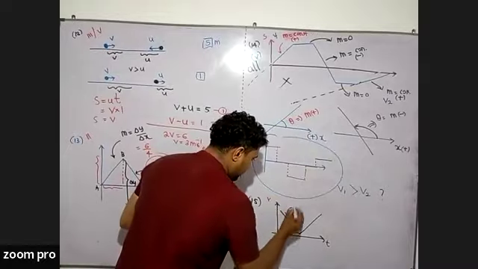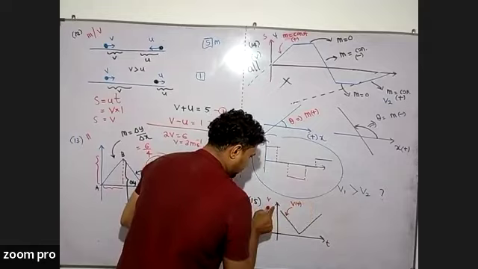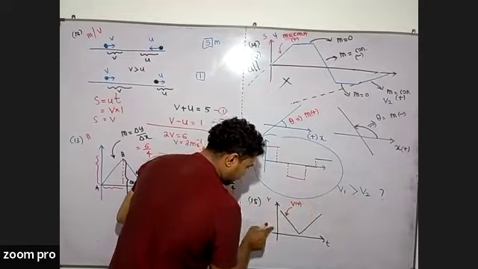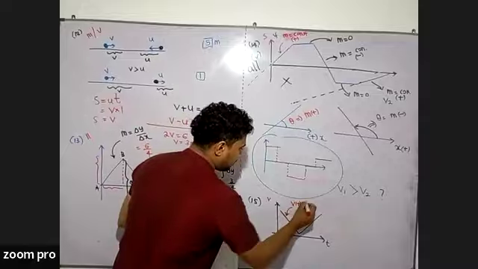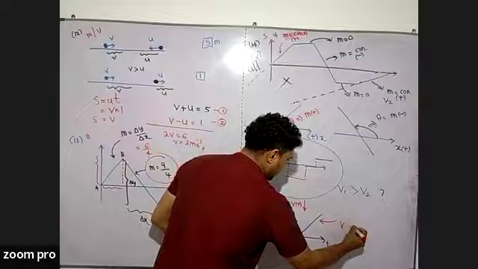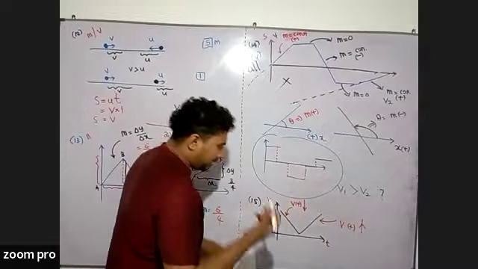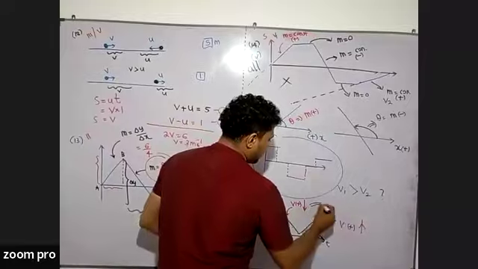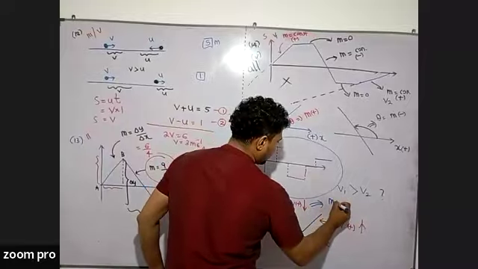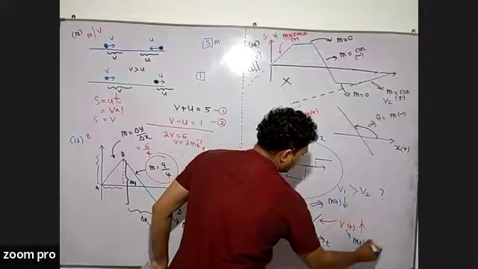In this instance, velocity is positive, these values are on the positive axis, but it's getting reduced. Here, the velocity is positive, but it is increasing.